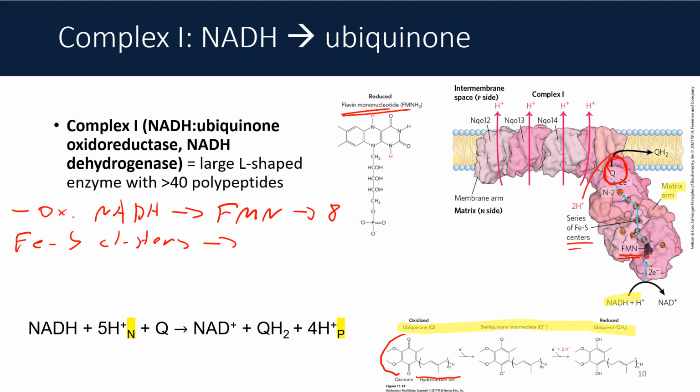When Q is oxidized, ubiquinone, it's going to exist as an anti-aromatic quinone. When we give it 2 electrons and 2 protons, we reduce those 2 ketones into alcohols, giving us QH2, or ubiquinol, which is aromatic.